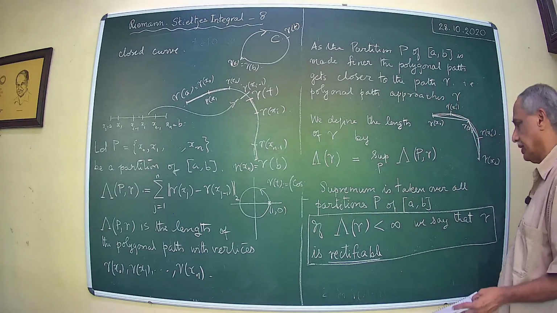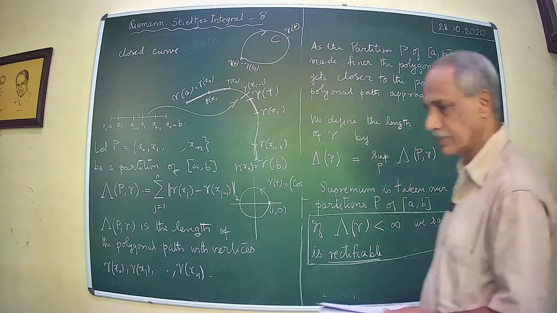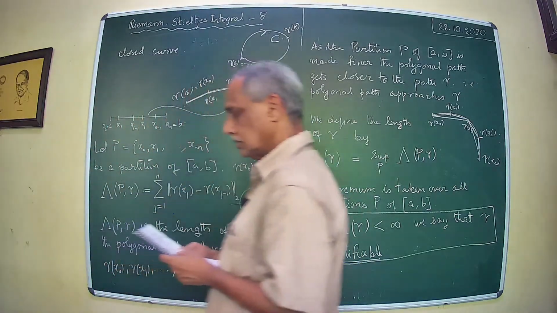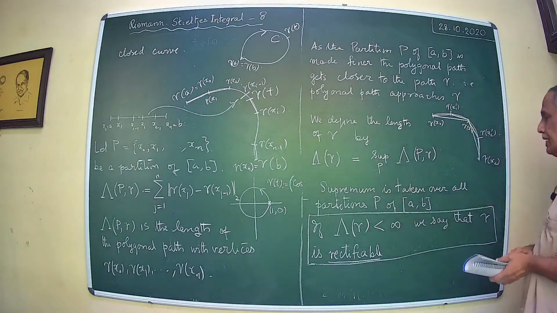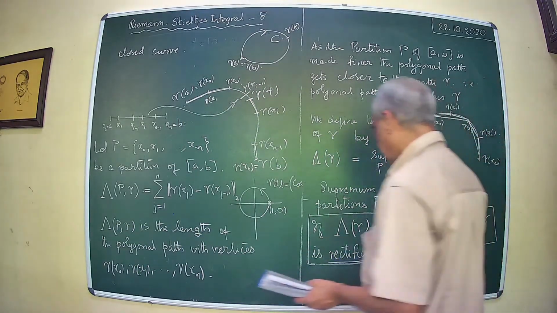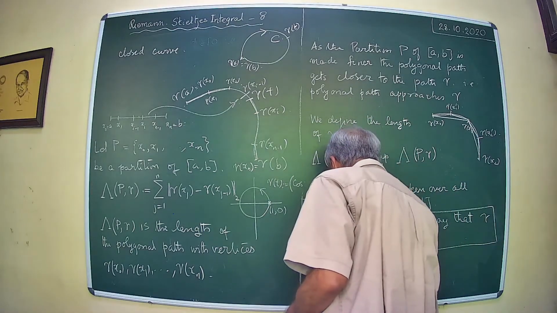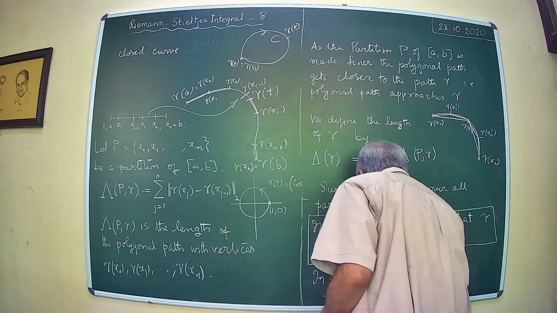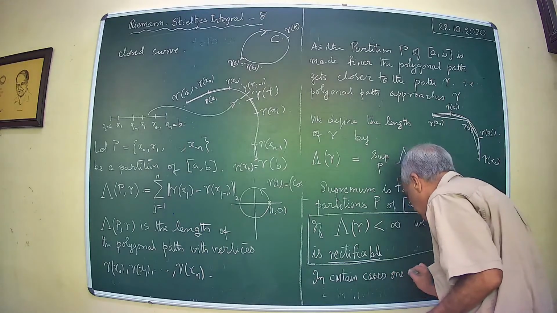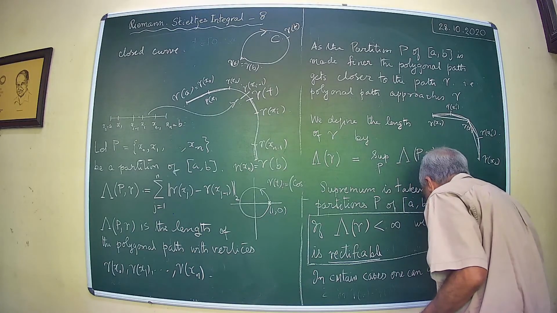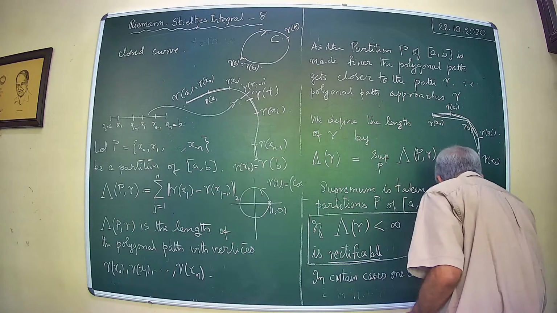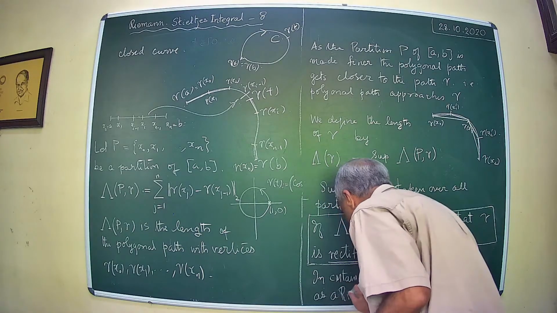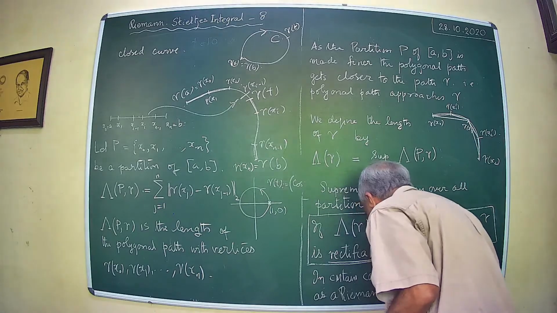This is the term that we have. That's the criterion for the curve being rectified. So in certain cases, one can give this lambda gamma as an integral.